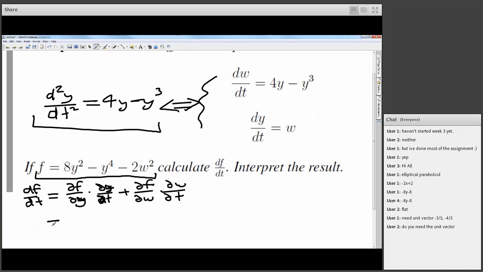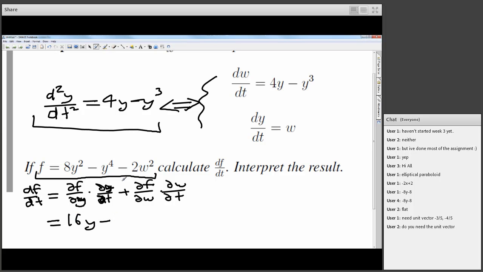Now it's just a matter of plugging in. So del f del y, you have to work it out. Can someone tell me what the partial derivative of this particular function is with respect to y? At least put it on your own piece of paper. Scribble it down to make sure you're understanding it all. The partial derivative of the first term would be 16y.